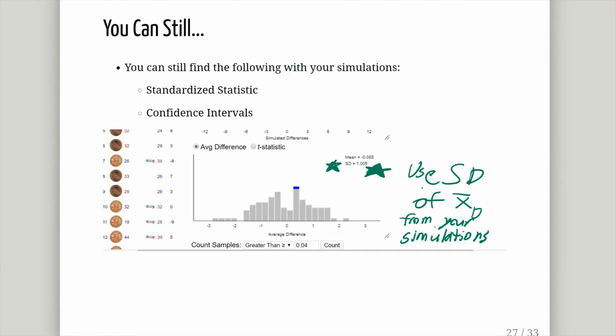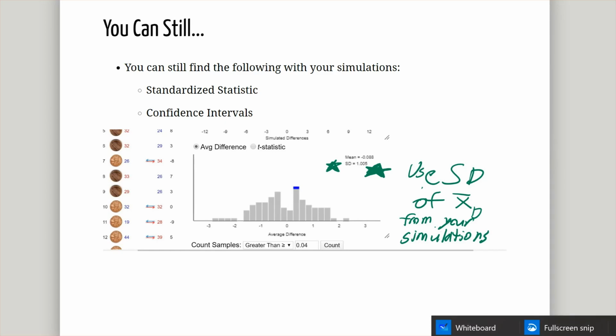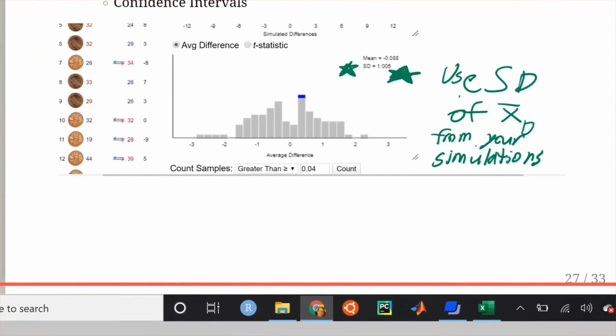Okay, when we performed our simulations and we got a null distribution, you can still use these simulations to find the standardized statistic and the confidence intervals. What do I mean here? So, remember that the general templates for a standardized statistic and a confidence interval are the following.